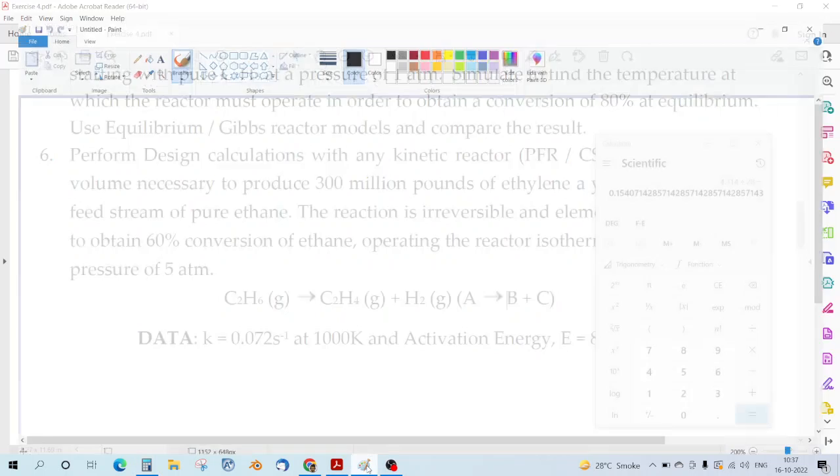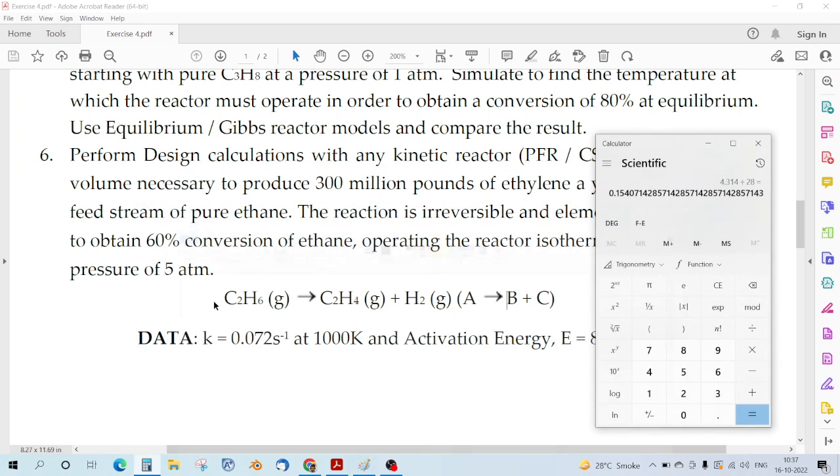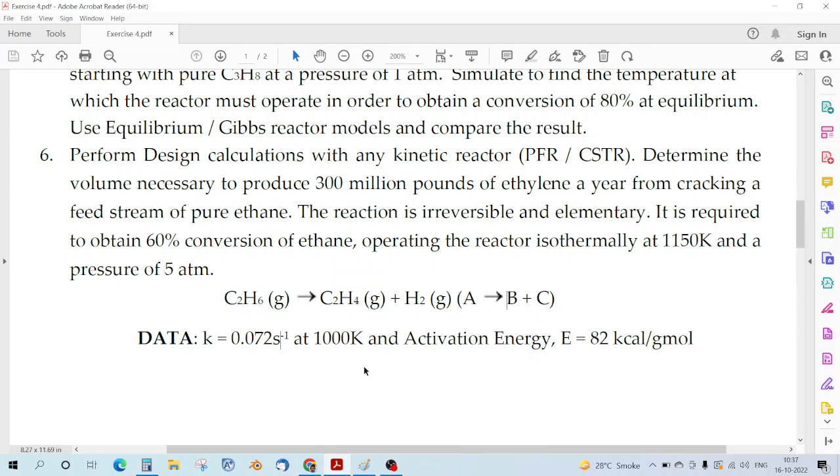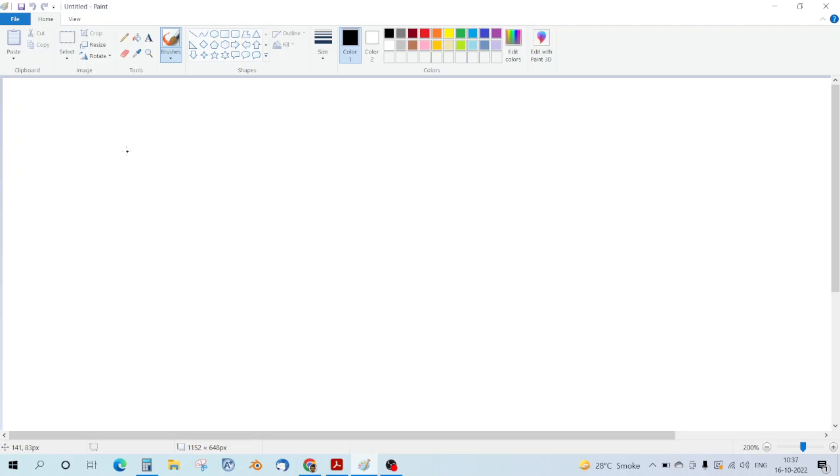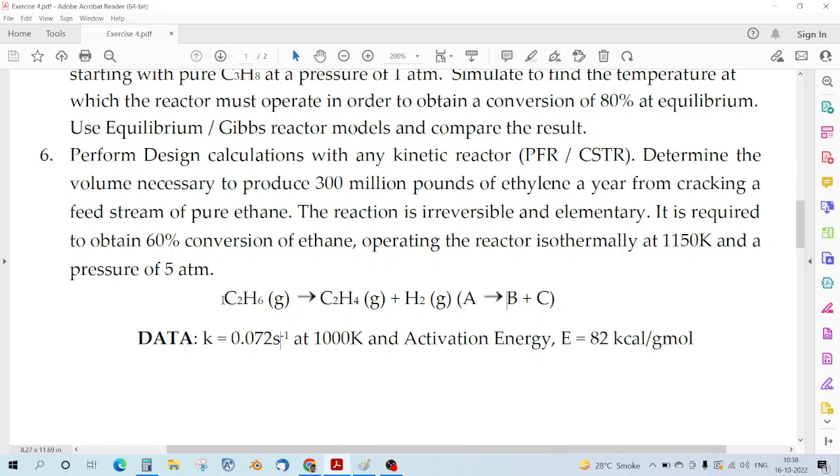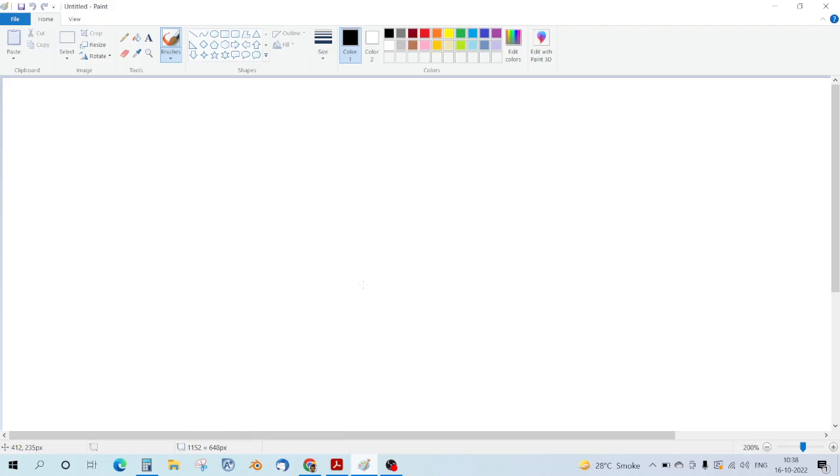Now to find the moles of ethane that we would input, let's say this is my A. This is my A giving B plus C. So what we can see here is that CA naught, the initial concentration, times the conversion XA would be equal to CB.